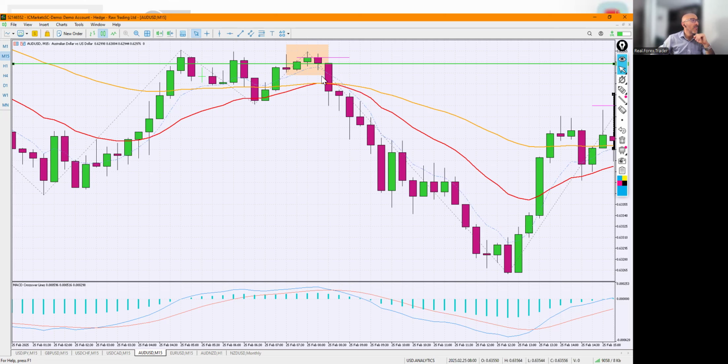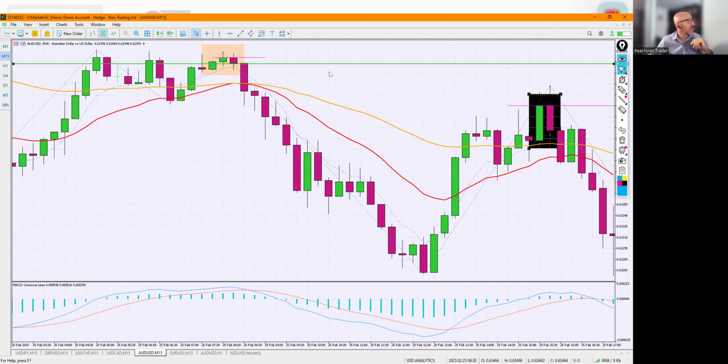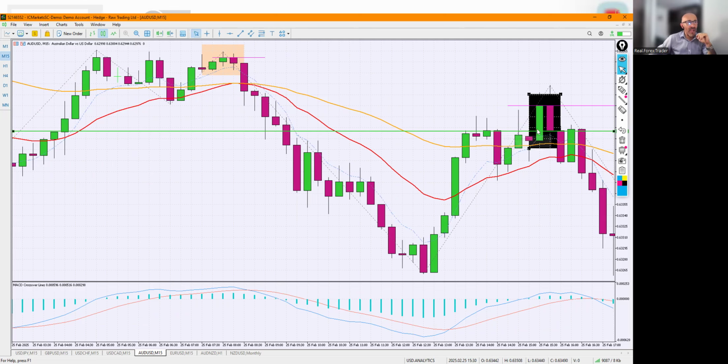Other traders prefer, as I show here in this example, to take into account this one as a valid Tweezer top. The thing is that the red candle closed not below the bull candle.